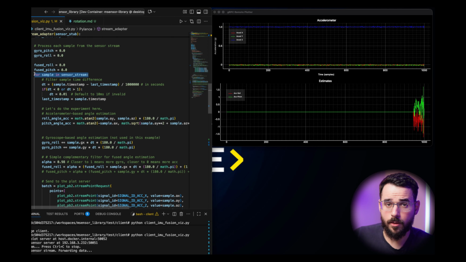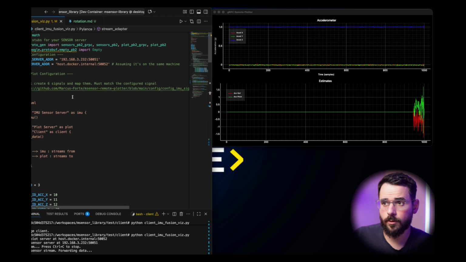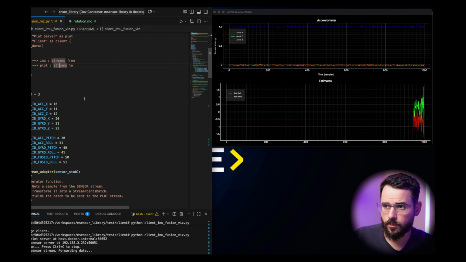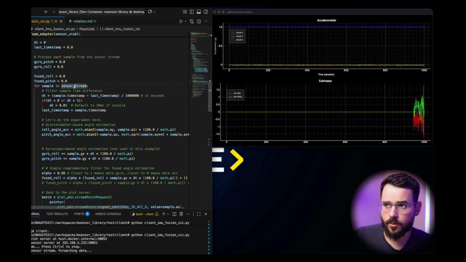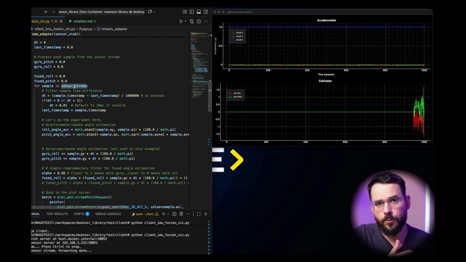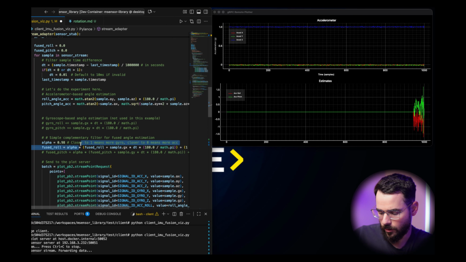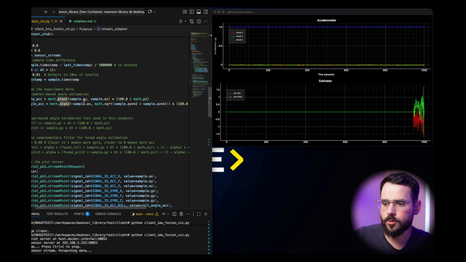Let's have a look at the main loop. This is the main loop from this little guy that we saw before. So we are right here in the middle. Every time we get a sensor measurement from the gRPC server that is hosting the sensor measurements, we get a sample called sample, I do some filtering on the delta t, and here we see the equations that I just showed.